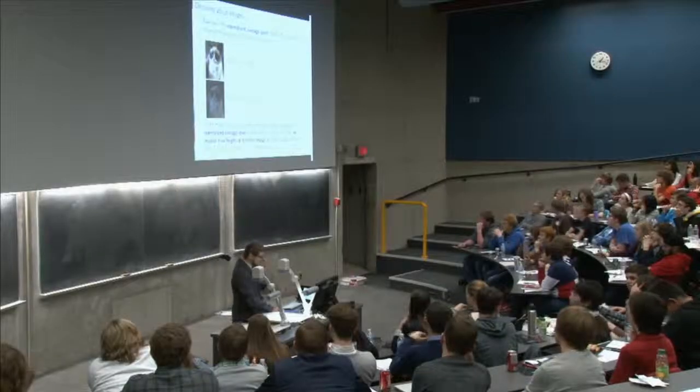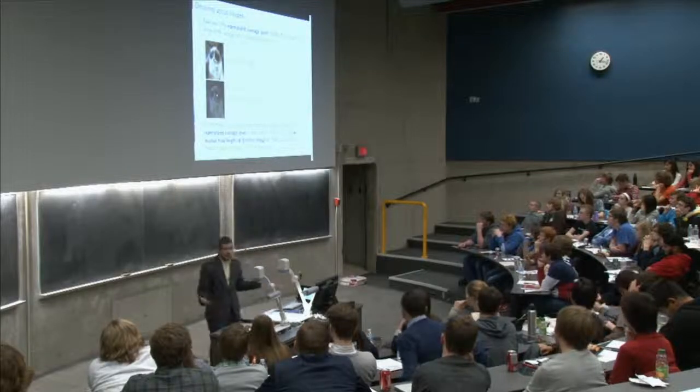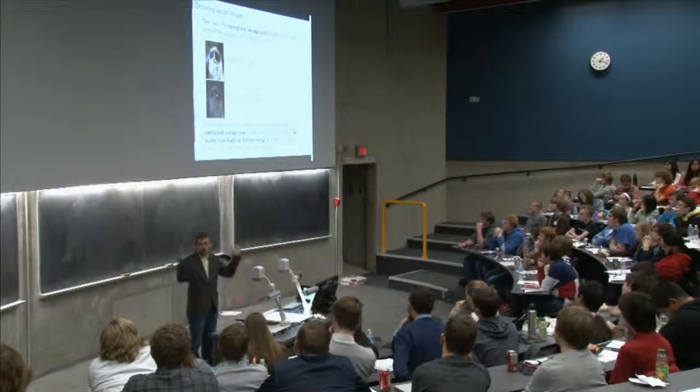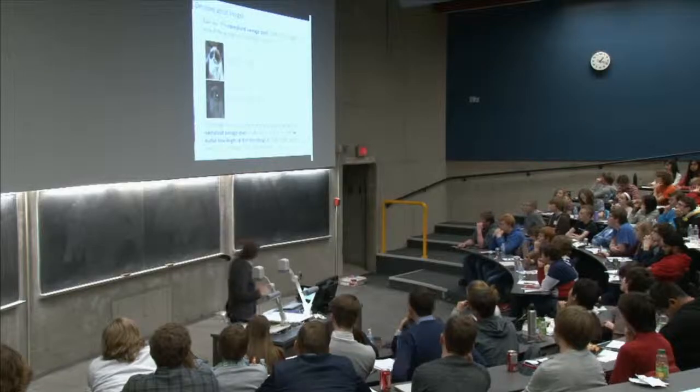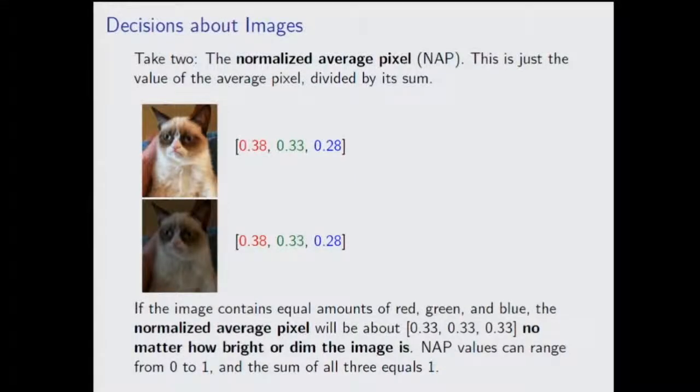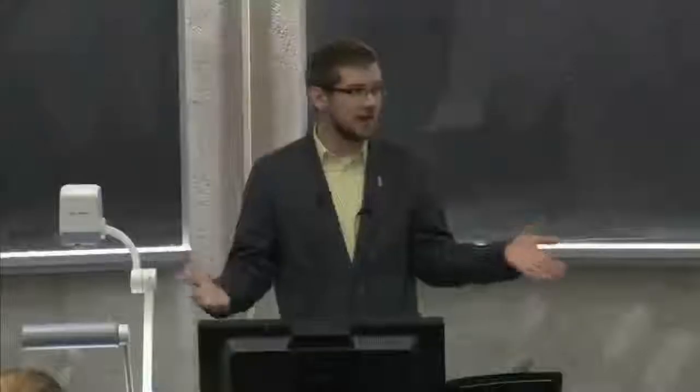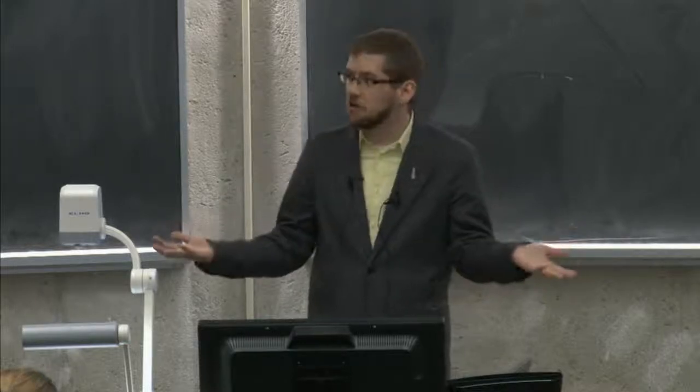And the advantage of doing this is that even if I take another image that's maybe overall darker or overall brighter, I get the same normalized average pixel, which is nice because that means that we can treat two images that have the same colors in them but are different brightnesses as being exactly the same. Okay? And in the example I want to show you today, that's going to be a good thing. It's not always going to be a good thing, right?